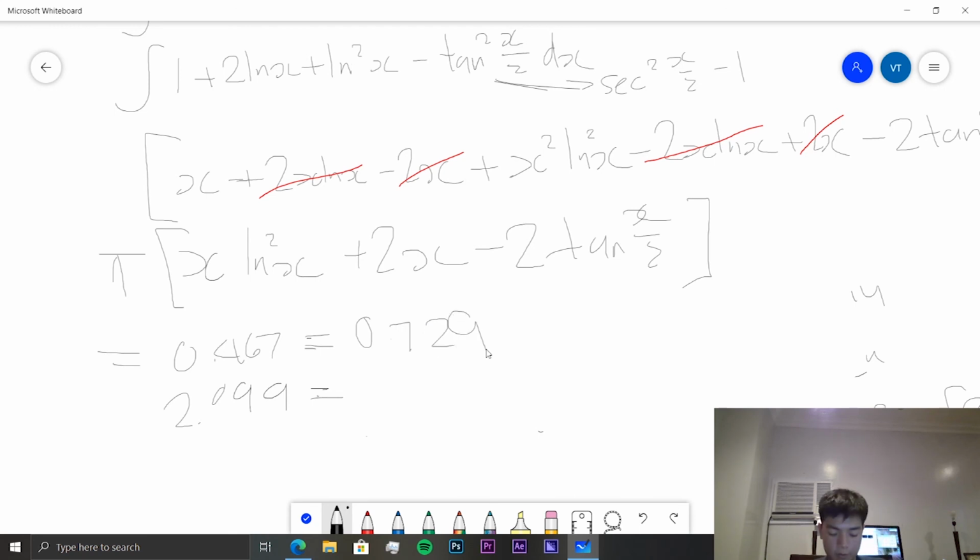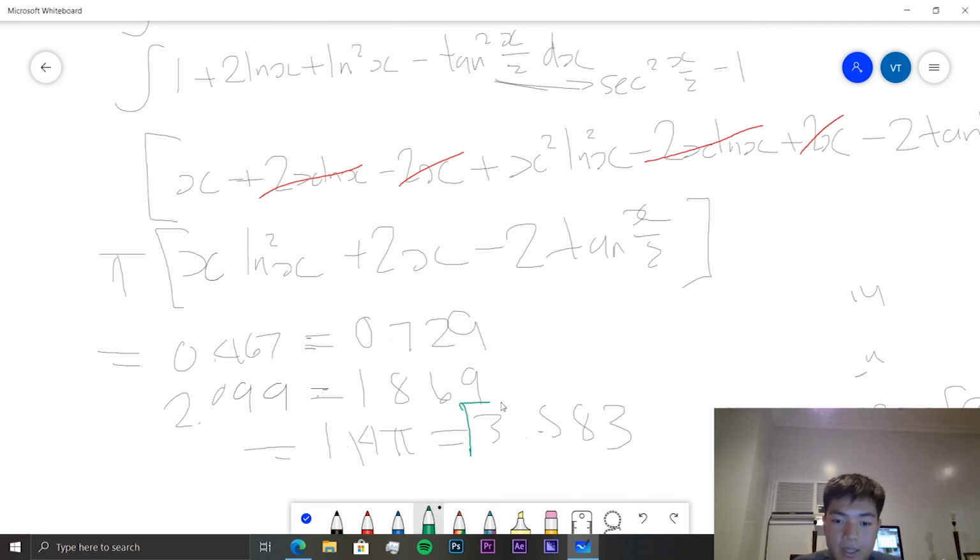And then for the other one, we have 2.099 times ln 2.099 squared plus 2 times 2.099 minus 2 times the tangent of 2.099 divided by 2. So this is only 1.869 now. If we subtract the 0.729, we end up with something like 1.14. So this is 1.14 pi, which is approximately equal to 3.583. So yeah, now this is the correct answer.